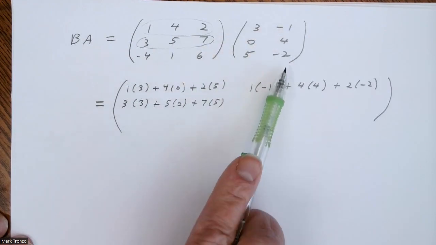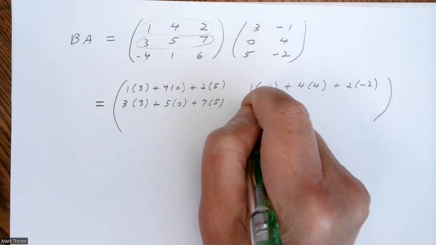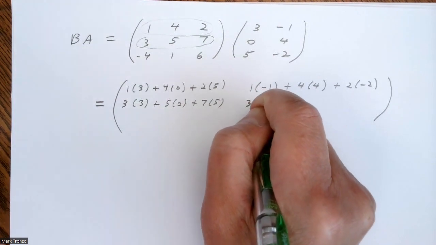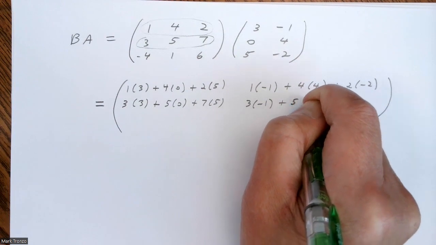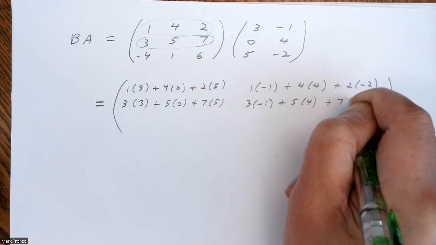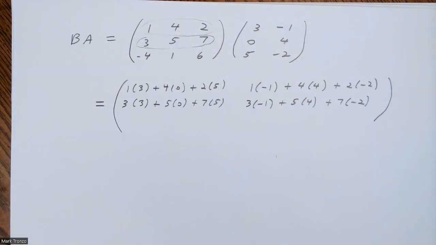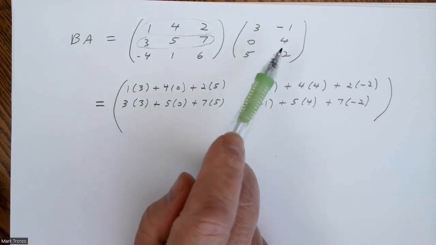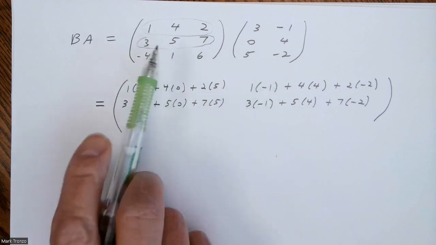Then second row times the second column: 3 times -1, 5 times 4, 7 times -2, like that. So now that we've multiplied the second row by each of the columns on the right, we'll go to the third row.